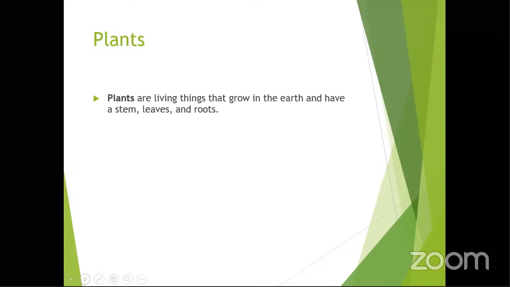So let's take a look at the types of plants. When you look at plants, they are categorized into two types. Who can tell us these types? Someone to tell us these types of plants by show of hands.